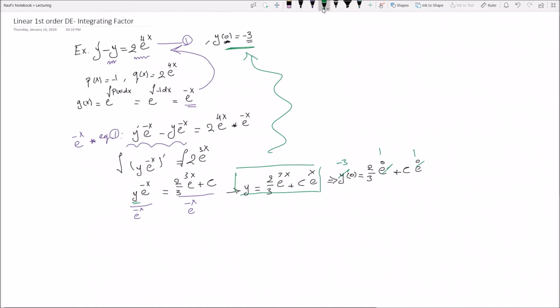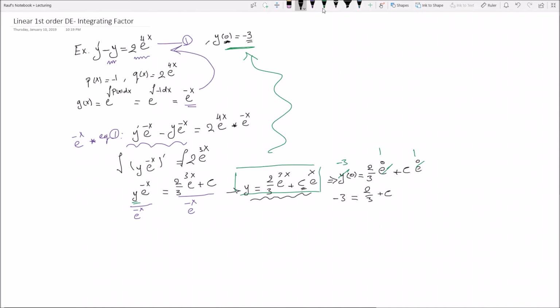Doing that, we find that minus 3 equals 2 divided by 3 plus c. So we are trying to find the constant in our final solution, so we need to know the value of c by substituting the initial value given to us in the question.